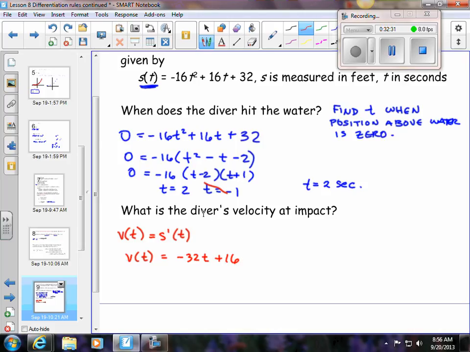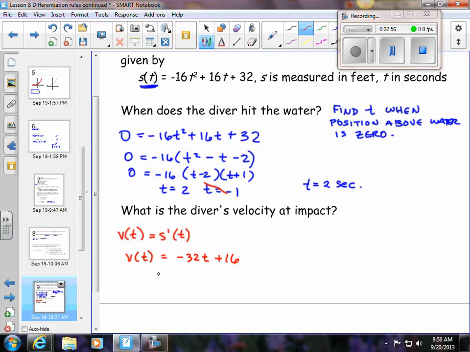I want to know what the diver's velocity is at impact. That means evaluate this velocity function for a specific time. Well, what time would I use to find the velocity at impact? Why do I use 2 seconds?